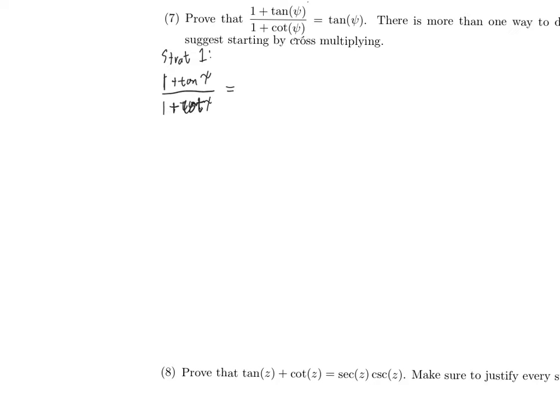So the numerator now becomes 1 plus sine psi over cosine psi divided by 1 plus cosine psi divided by sine psi, by expressing in terms of sine and cosine.